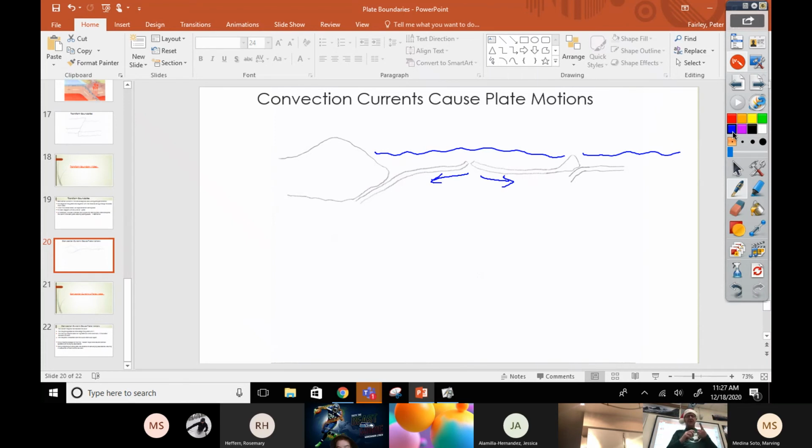That's the process. We described two features there, the mid-ocean ridge and the Rift Valley. Now, what type of boundary would we call that? And who's next? It looks like Gabe. What kind of boundary do we call this where they're moving apart? The very first diagram we did, what's the name of that boundary?